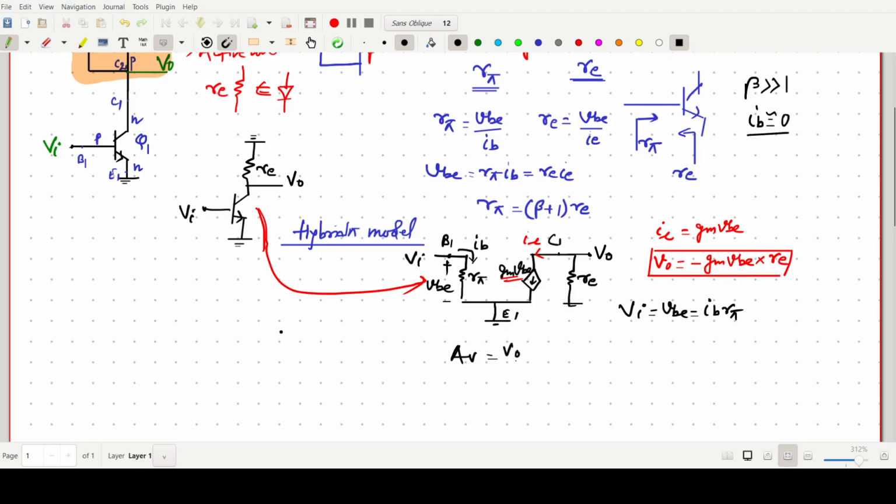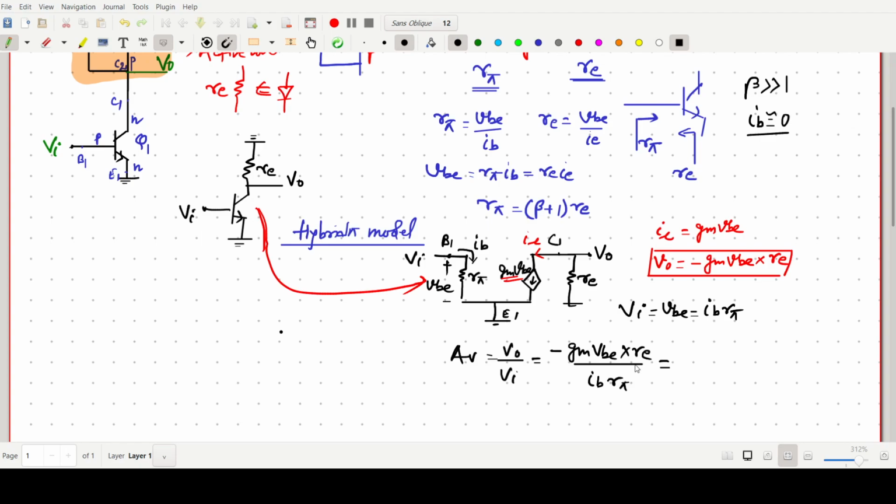So we write V naught by VI, which is minus gm VBE into RE by IB r pi. Now we have to use all our concepts, because this one is a GATE question.